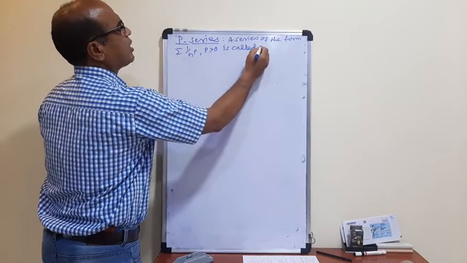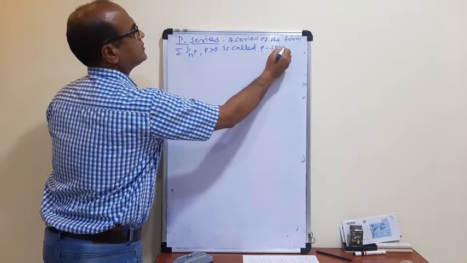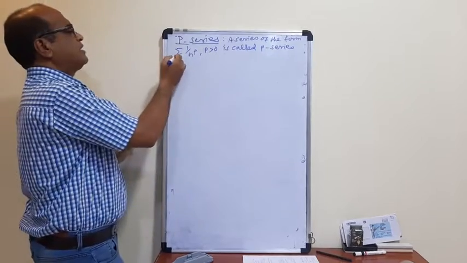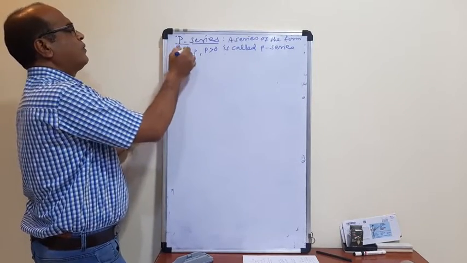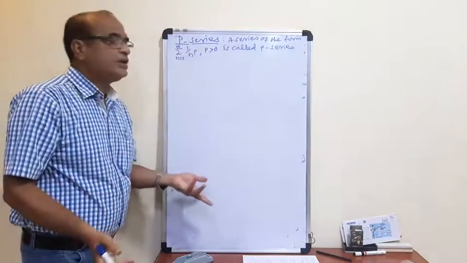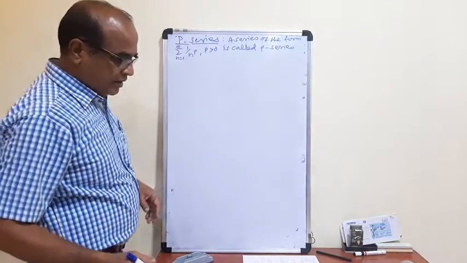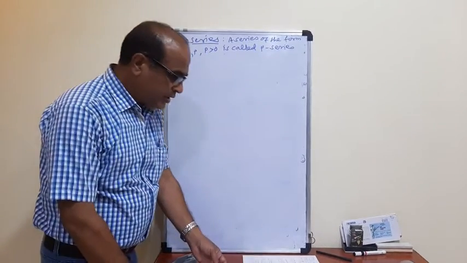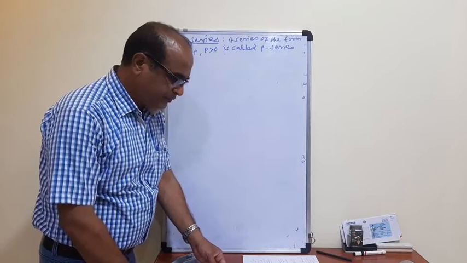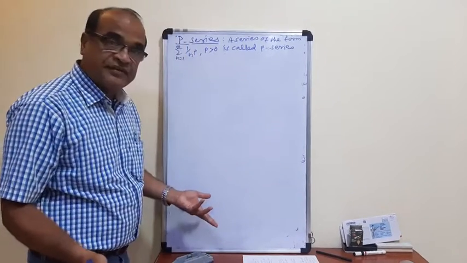Very simple. Summation 1 upon n raised to p, where p is greater than 0, then this series is called a P series here. So what is the convergence of that series also?